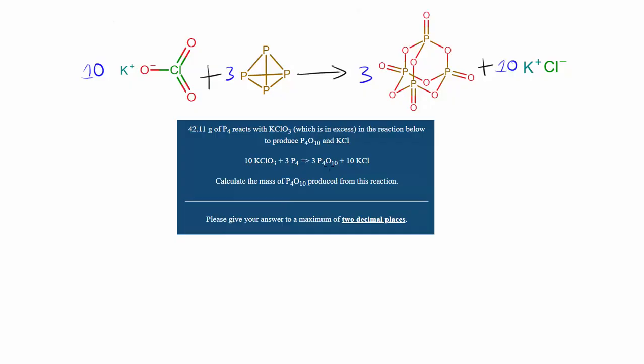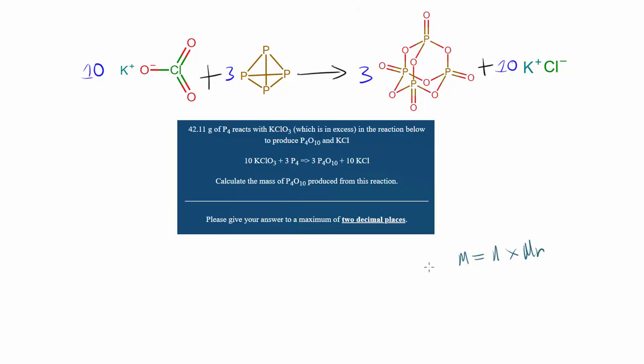Okay, so if we did want to calculate the mass of P₄O₁₀, generally speaking, the equation that would link mass, moles, and molar mass would be what? It would be mass is equal to the moles multiplied by the molar mass, right?